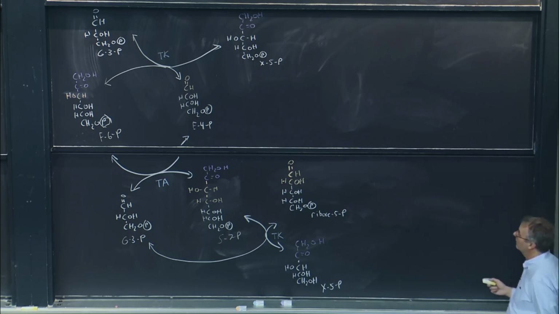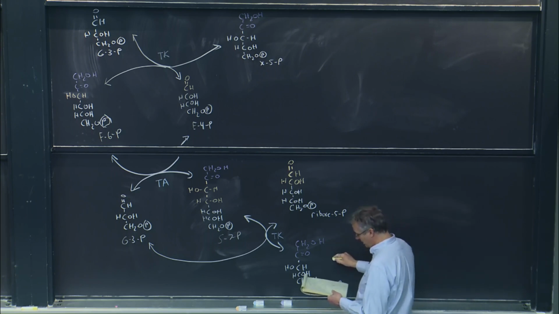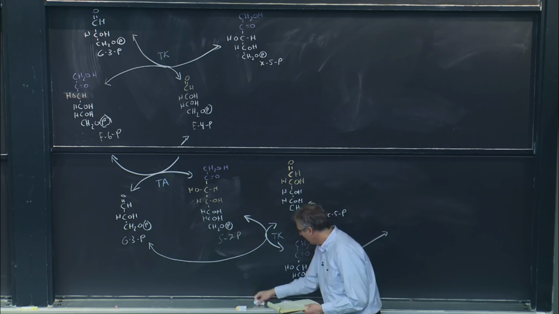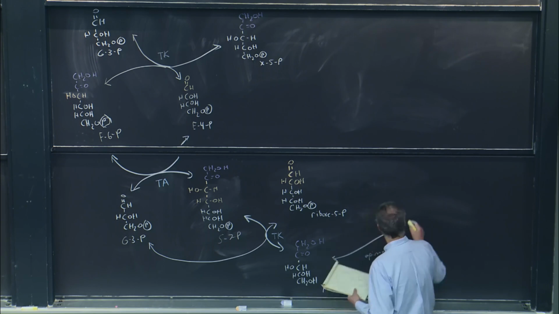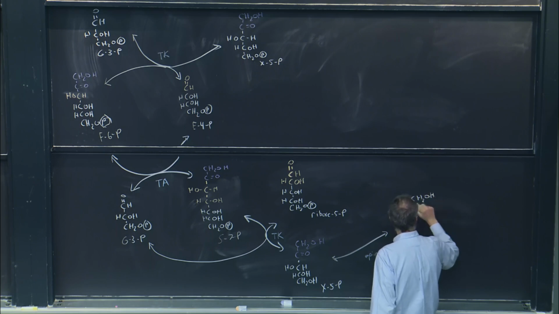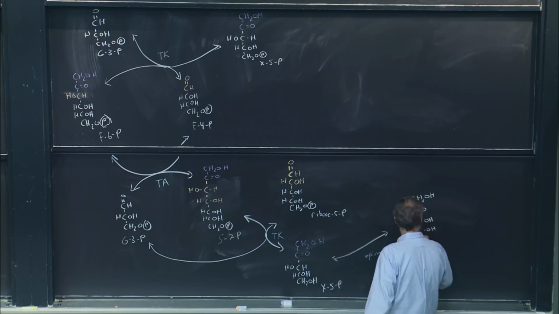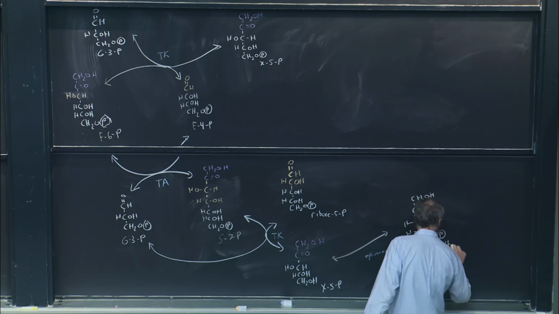I can now have 2 xylulose 5-phosphates and a ribose 5-phosphate. I can take my xylulose 5-phosphates and carry out an epimerase reaction. If I carry out an epimerase reaction, I of course change the stereochemistry at the 3 position to get a ribulose 5-phosphate.